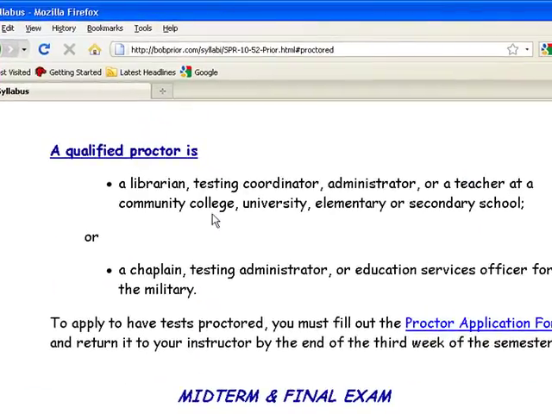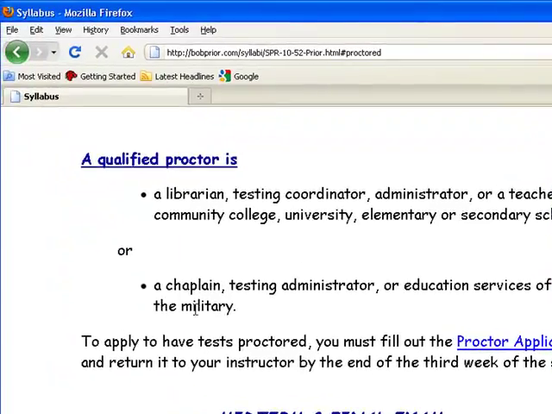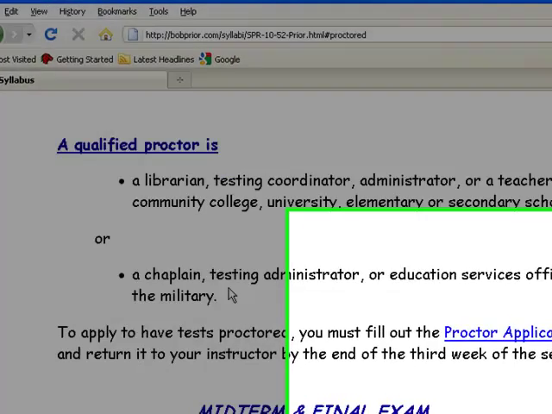An approved proctor is a librarian, a teacher at another college, university, or elementary or secondary school, or someone in the military, a chaplain or education officer or some other officer. And if you're not going to take it at the campus, it must be taken at the site of where the proctor is. Now, to get a proctor, you must fill out the proctor application form.